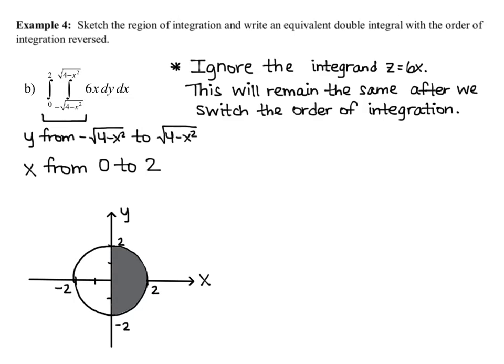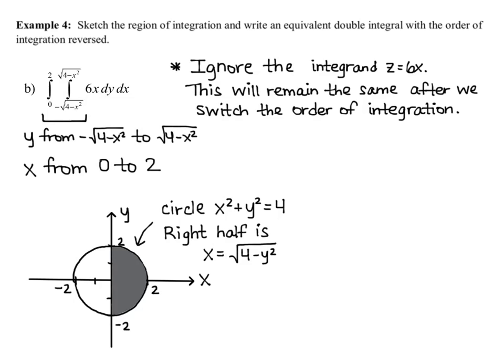To switch the order of integration, we want to express x as a function of y. We know that the circle we're looking at has the equation x squared plus y squared equals 4. We only want the right half of the circle, which is expressed by x equals the square root of 4 minus y squared.